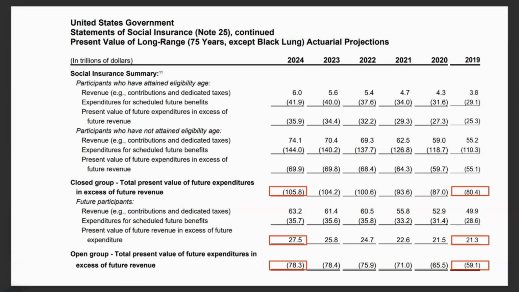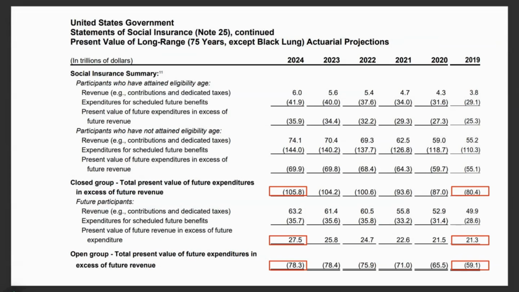The closed group is defined by all those people who are 15 years and older in the United States collecting Social Security, or to collect in the future, those paying in as well. Whereas the open group are those under 15 years old and those yet to be born, anticipated to be born over the next 75 years.